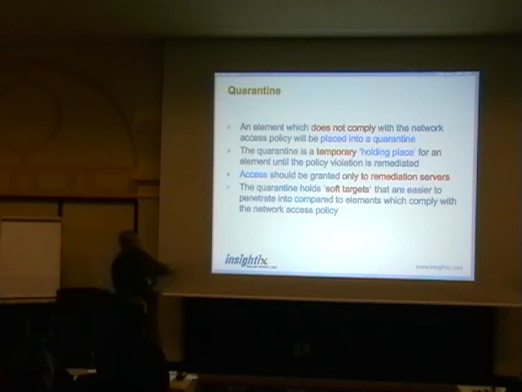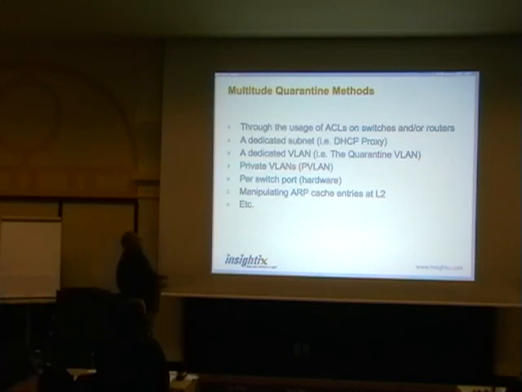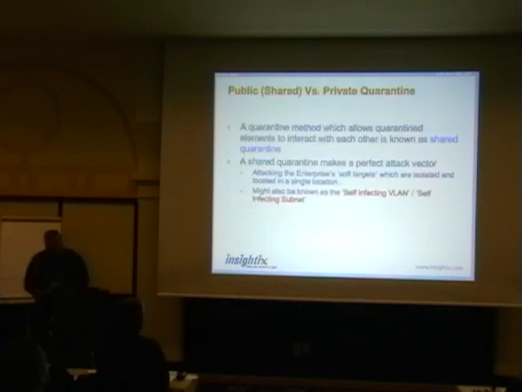But one thing we need to understand is that the soft targets of the entire organization are now being put into one place, into the quarantine. There are several ways to do quarantine: using access lists, using a dedicated subnet, a dedicated VLAN, private VLANs per switchboard, manipulating ARP cache entries, and some others.